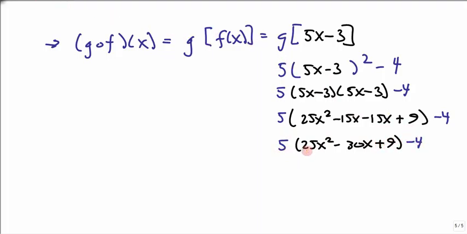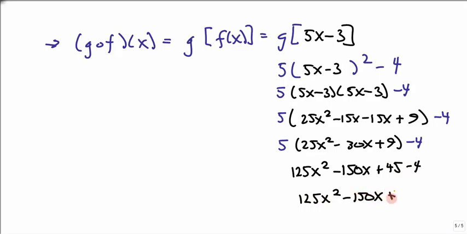Distributing through the 5, I have 5 times 25 is 125x squared minus 150x plus 45 minus 4. And then of course those last two are constants, so we can combine those as well. So this is g of f of x.